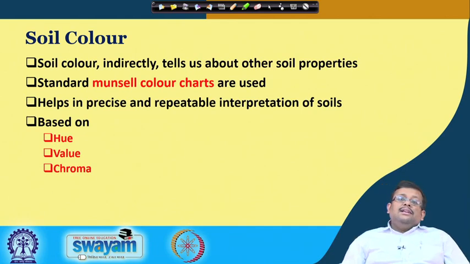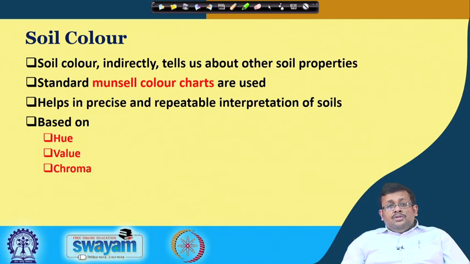So, how do we generally measure soil color in the field? Generally, soil color measurement in the field is done based on a color chart called the Munsell soil color chart.